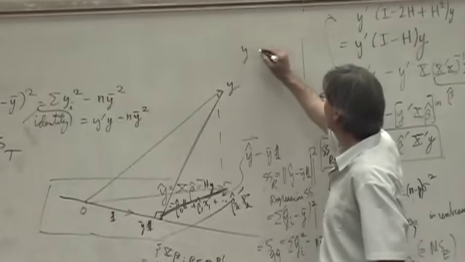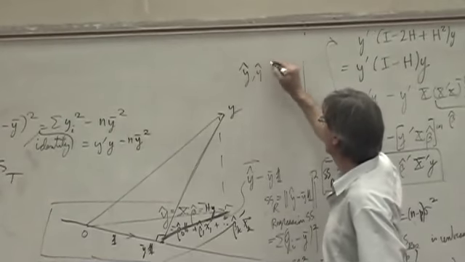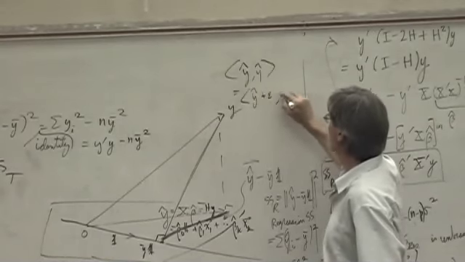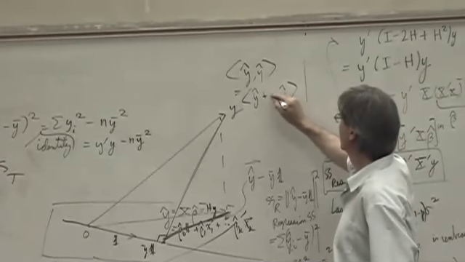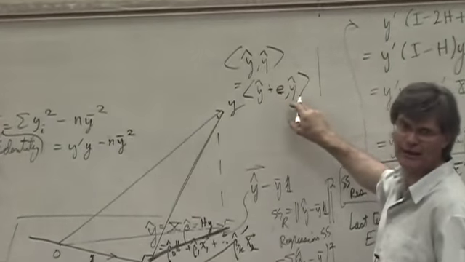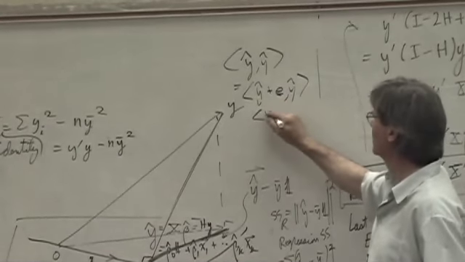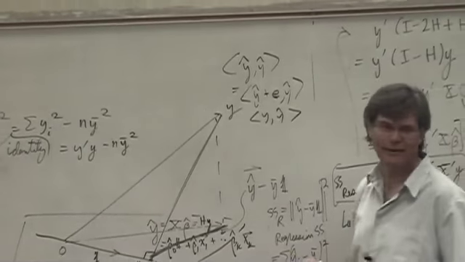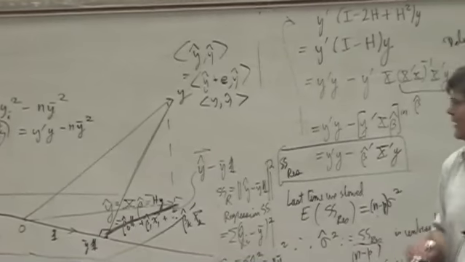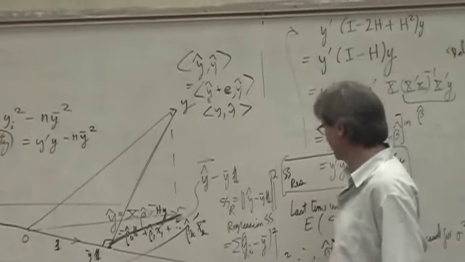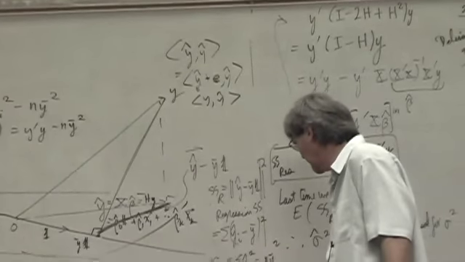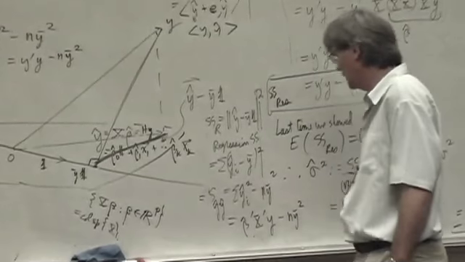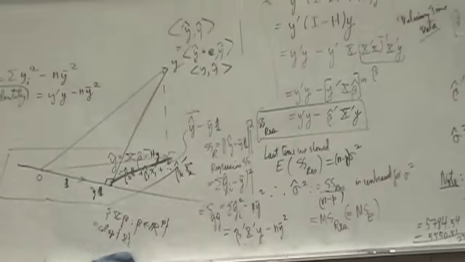So y hat inner product y hat equals y hat plus error inner product y hat, because the error is orthogonal to y hat. But y hat plus error is y, so it equals y inner product y hat. It's not equal to the inner product of y with y. So this is what we call beta hat prime x prime y minus n y bar squared, the model sum of squares corrected for the mean.